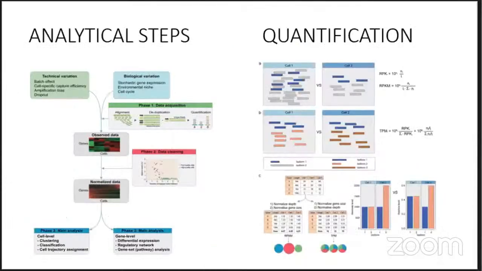Now let us see the different analytical steps and the quantification methods. The single cell sequencing data are inherently noisy. It depends on how good your single cell isolation method is.